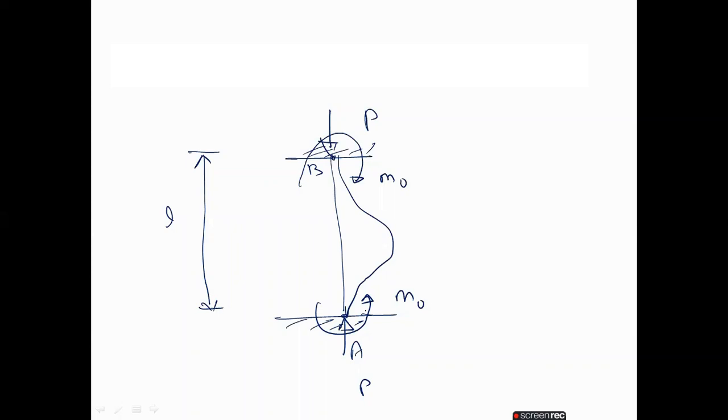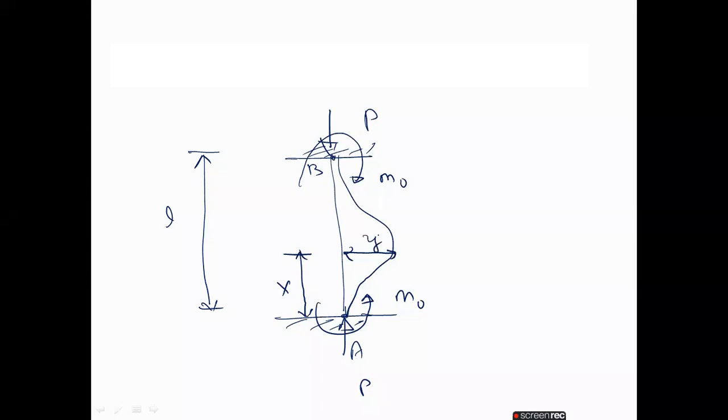So now consider a section at a distance x from the fixed end A. So now I am considering the section x. Let the deflection of the column at this section be denoted with y.